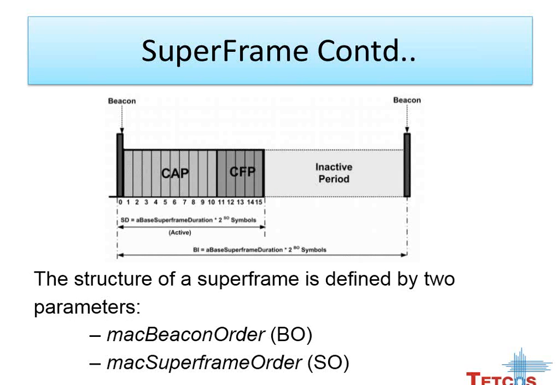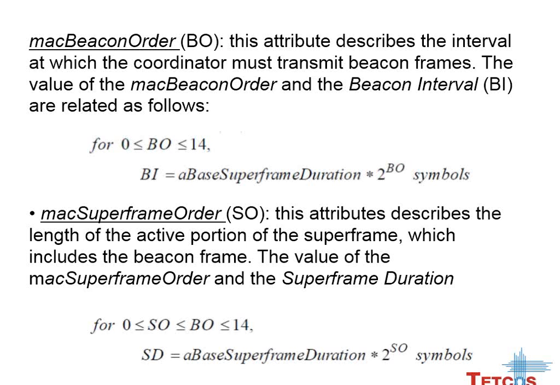Now, to determine the beacon interval, or rather the time difference between two beacons, and the active period, it depends upon two parameters. One is beacon order and the other one is superframe order. So using beacon order, the time interval between two beacons is determined, and it is also known as beacon interval.